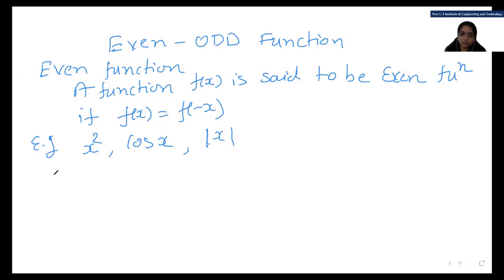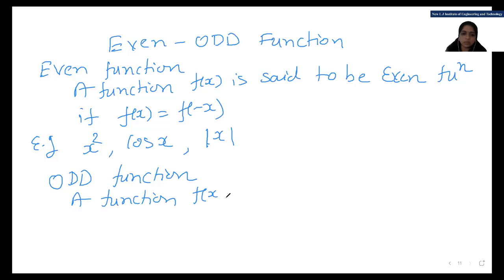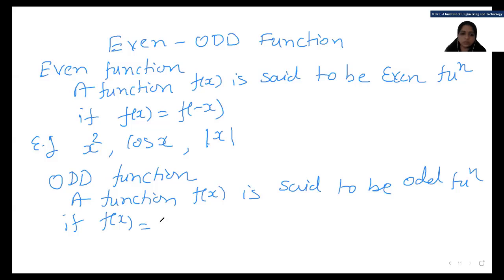And same for the odd function. A function f of x is said to be an odd function if f of x is equal to minus f of minus x, or we can say f of minus x is equal to minus f of x. Okay.